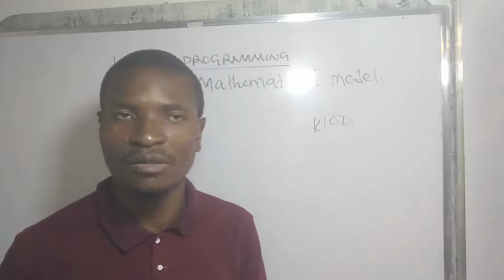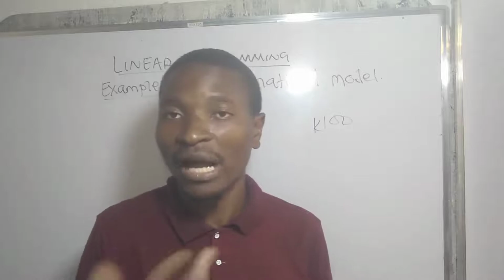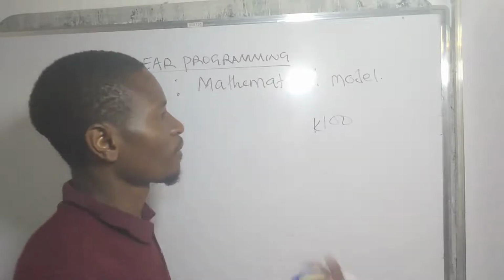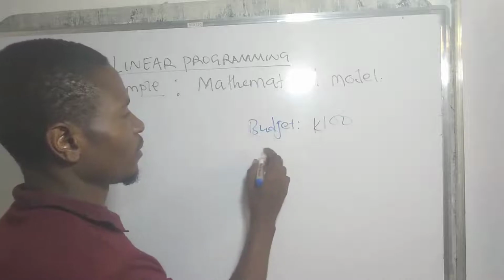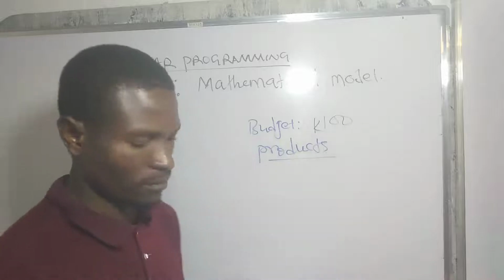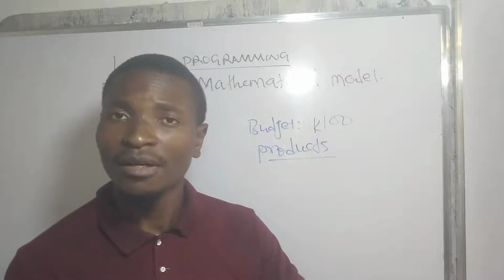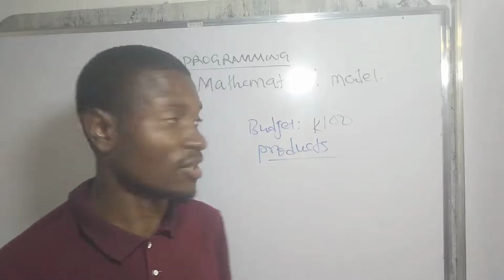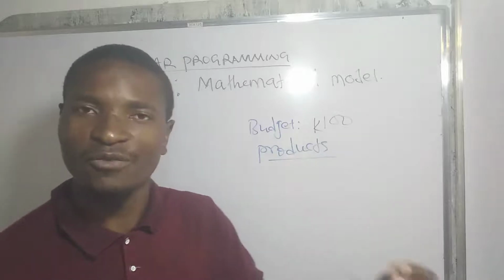When you go to the market, you want to buy two kinds of products within this budget of 100 kwacha. So within that budget, you are restricted on what kind of things you can buy.